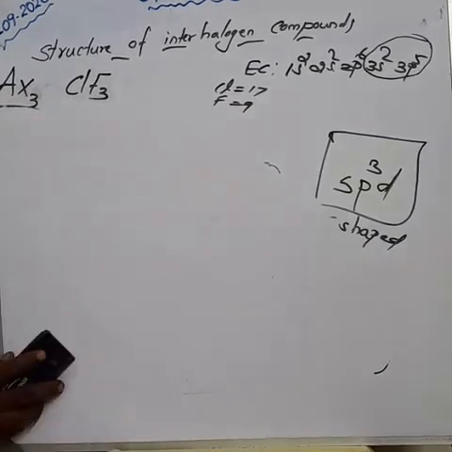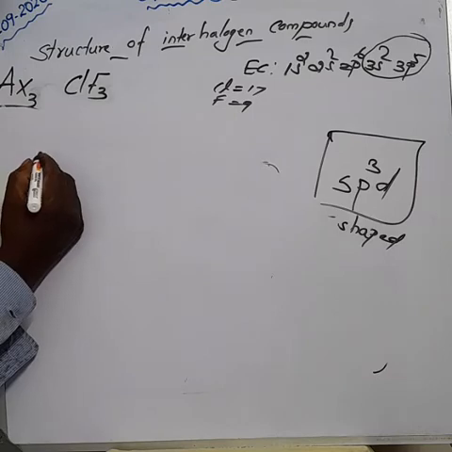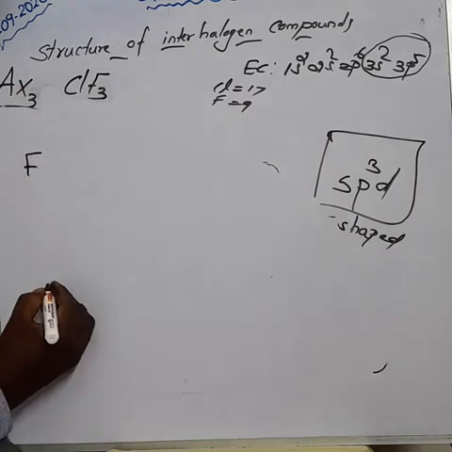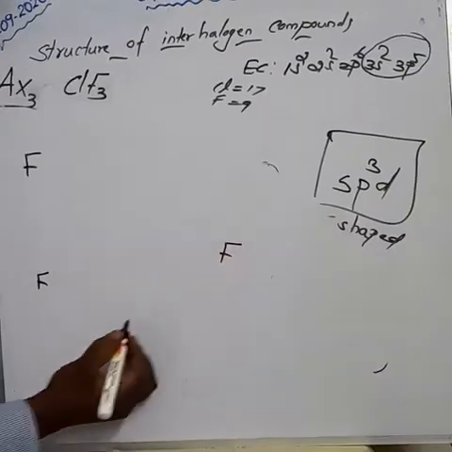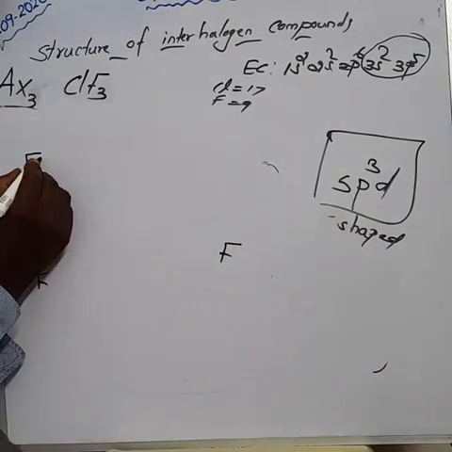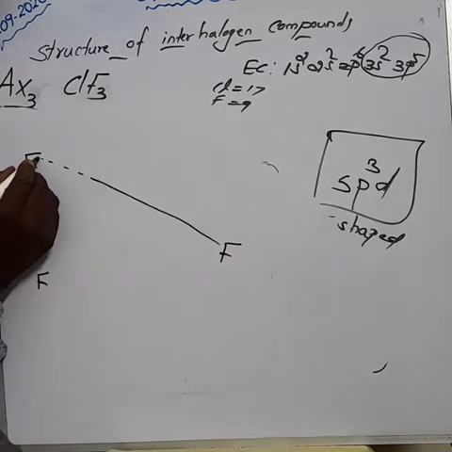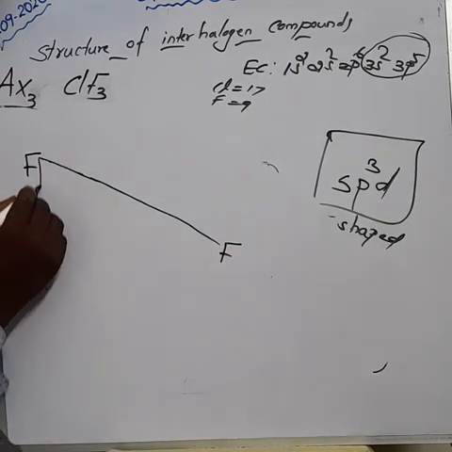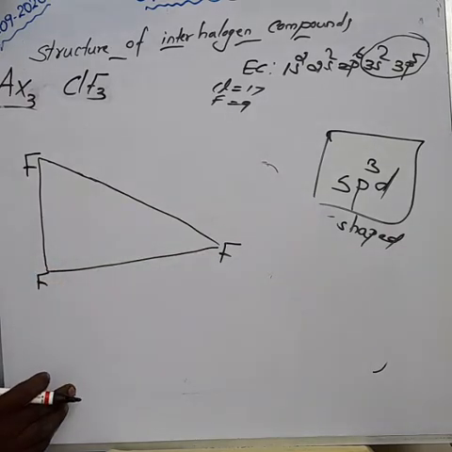T-shaped means this is one of the fluorine atom. Clear? This is another fluorine atom. Clear? This is another fluorine atom. Okay? So join here. Fluorine, okay.